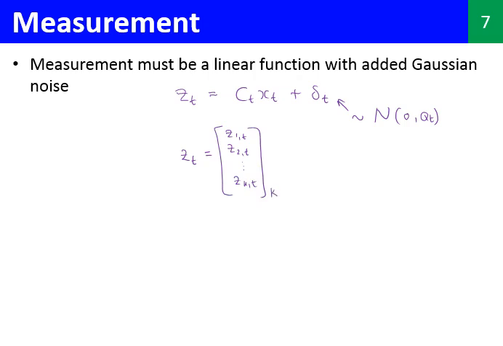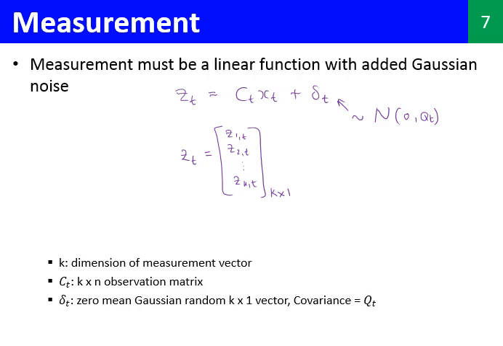So this is a k by 1 vector. The C matrix will be a k by n matrix. Again, if you want to use the Kalman filter in your application, the second step would be to write the measurement model as described in this equation. Understood?